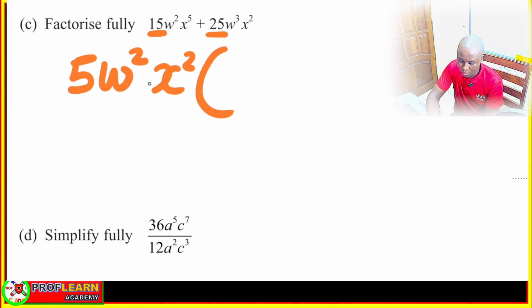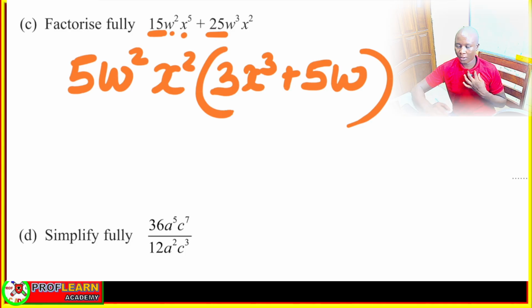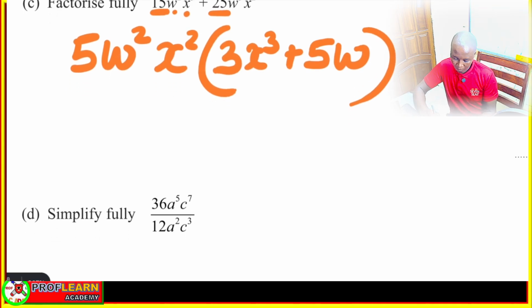Then inside the bracket, what do we need to multiply by 5 to get 15? We need to multiply by 3. And what do we need to multiply by W power 2 to get W power 2 here? We are going to multiply nothing. But X, we are going to have X power 3. So that X power 2 times X power 3 will give us X power 5, that is there. And then plus 5 times what to give us 25, that's going to be 5. And W will be 1, and we are done with that particular expression. So basically that's what we're going to do.